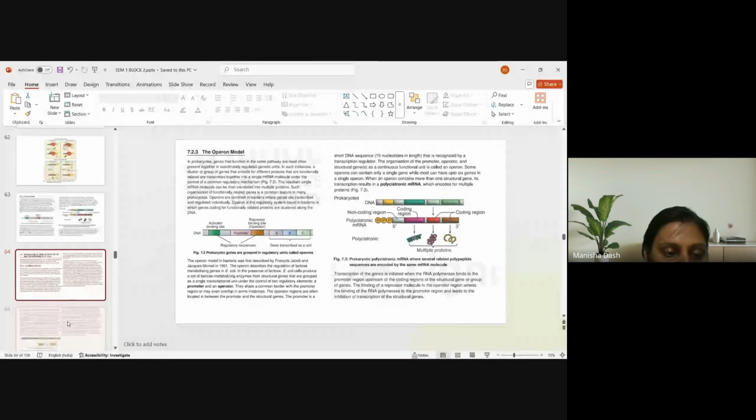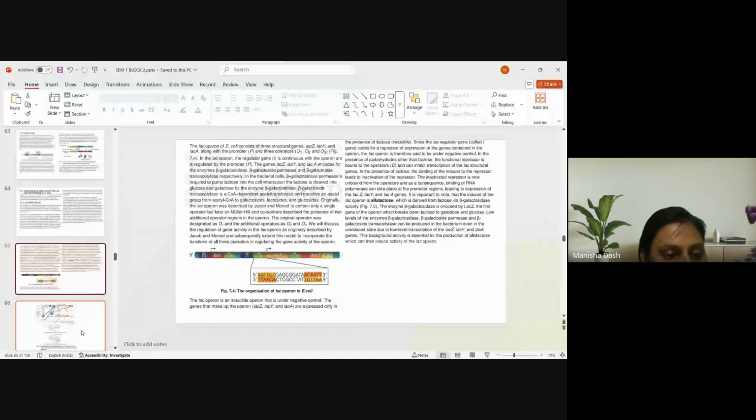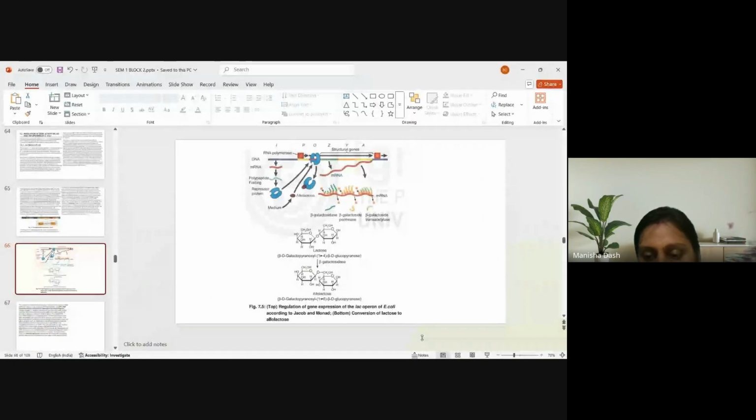So how exactly does the lac operon operate? This is the mechanism of the lac operon. This must be known to you. Just let me revise it for you. The lac operon is an example of an inducible negative control mechanism.